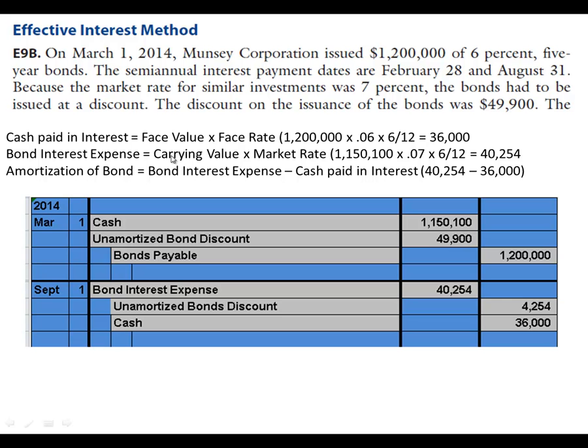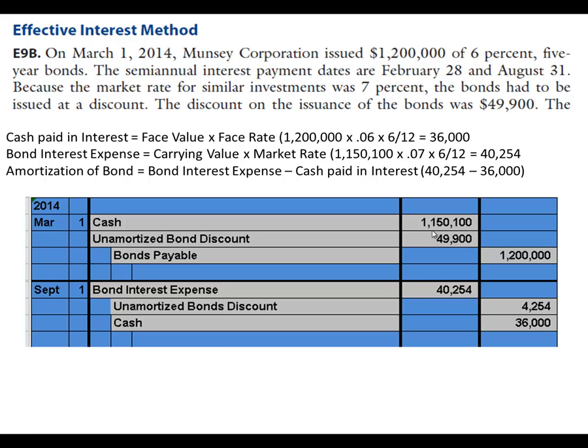So the carrying value, the first time you pay interest, is going to be the amount of cash that you received, because carrying value is our bonds payable minus our unamortized bond discount amount. If you were to take the 1.2 million minus the 49,900, our carrying value would be the $1,150,100.